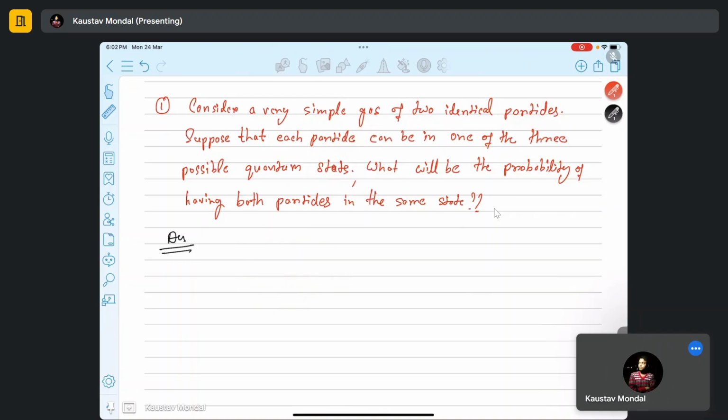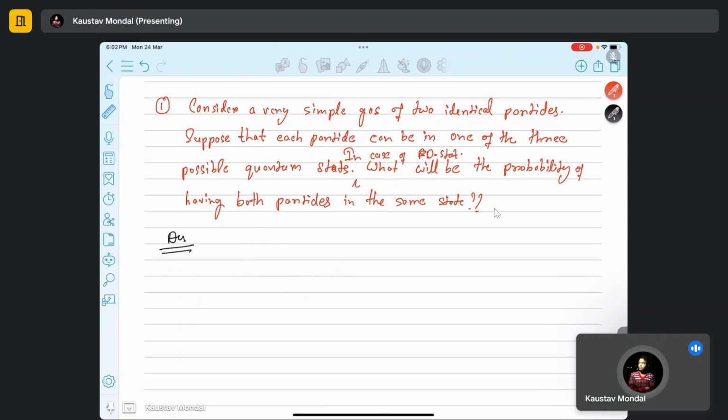In the problem it says that this is in case of FD stat. So that means these particles are basically fermionic particles, right? That's why it obeys the Fermi-Dirac statistics. If we consider those particles as fermionic particles, then what will be the probability that both particles share the same state?